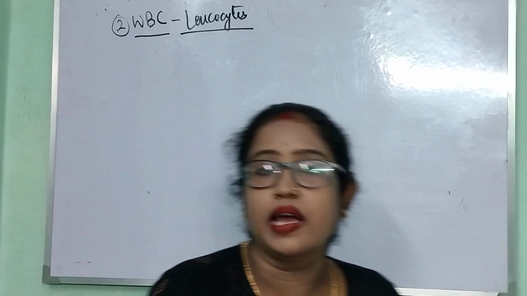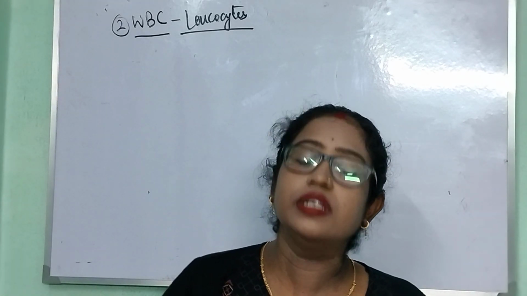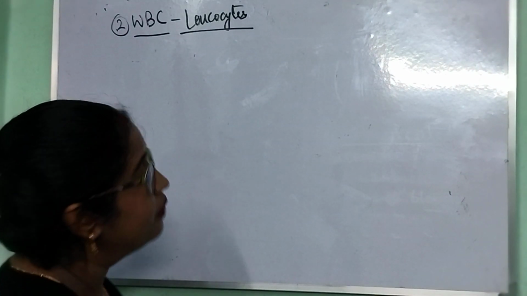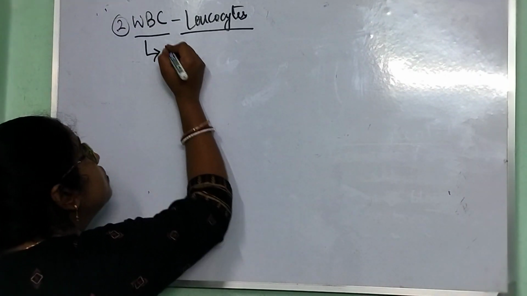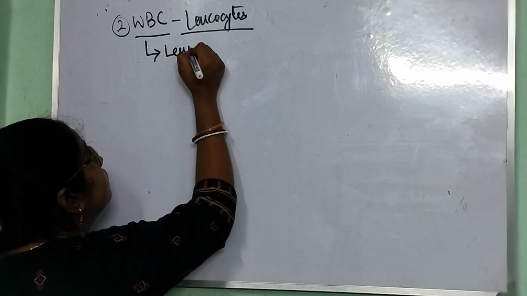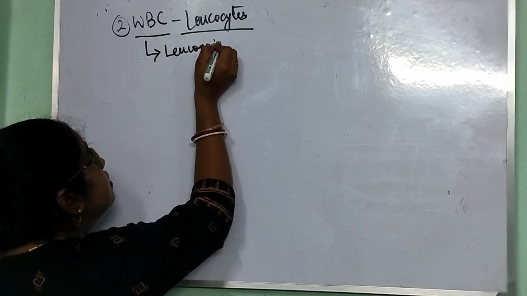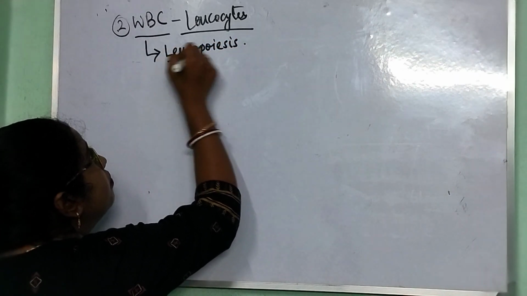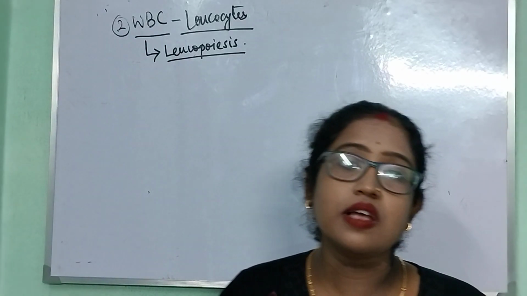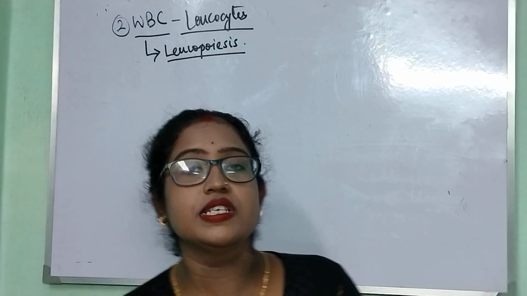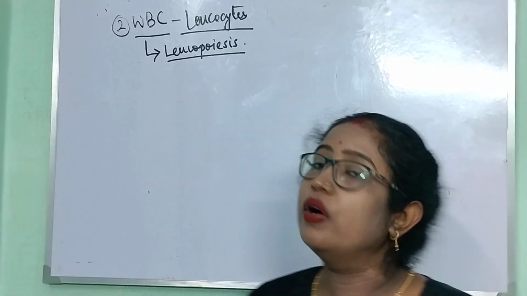So these leukocytes are also formed in the bone marrow. And the formation of the leukocyte is known as leukopoiesis. Formation of erythrocyte is known as erythropoiesis, whereas formation of WBC is known as leukopoiesis.